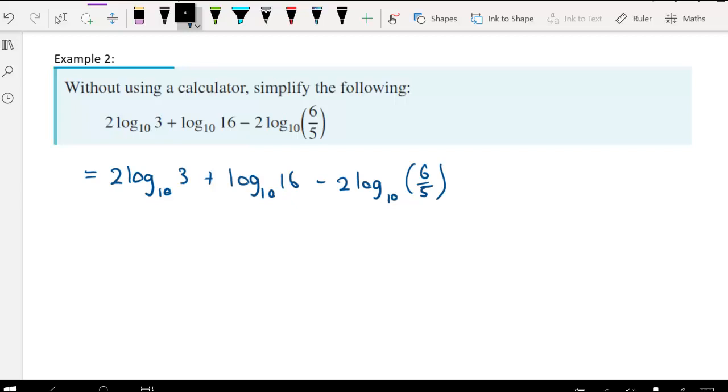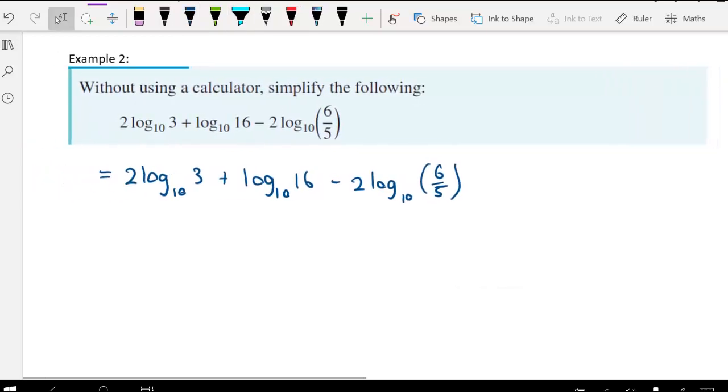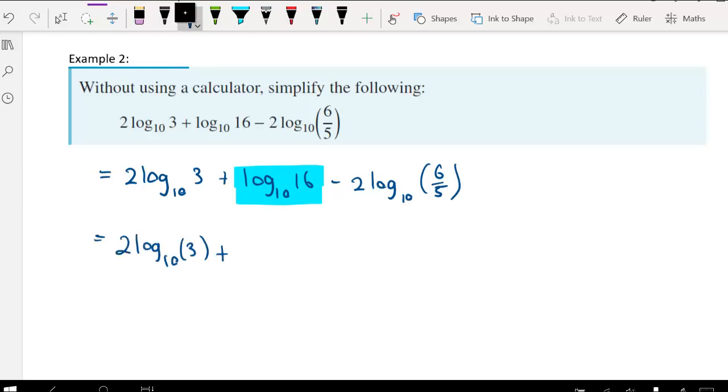So we have a little bit of an issue. In order to be able to combine all of these things, they need to have the same coefficient, or they need to have a coefficient of 1. So I'm going to start by focusing on this one here, recognizing that we can write 16 as 4 squared.